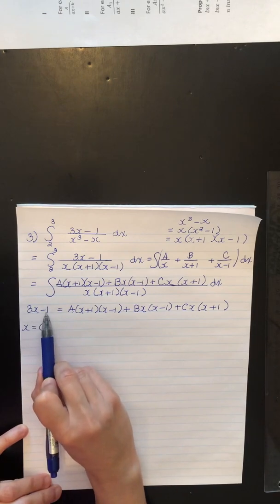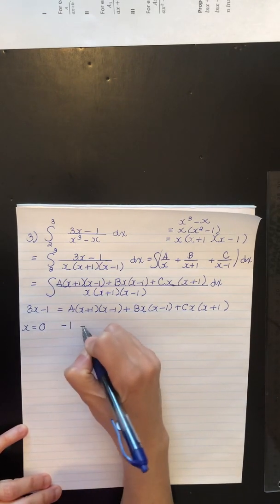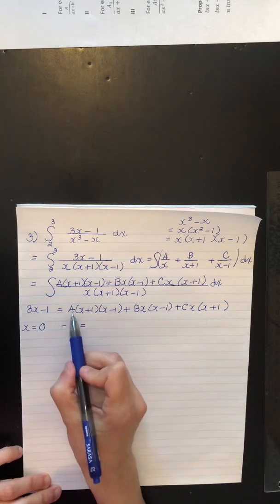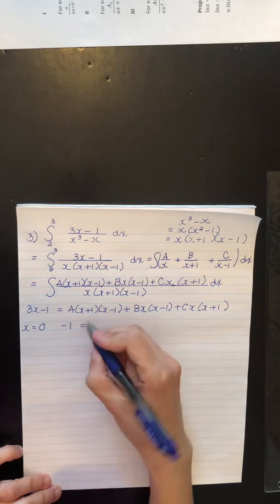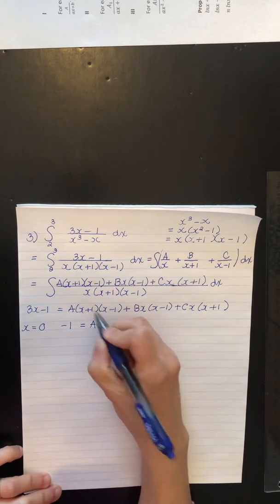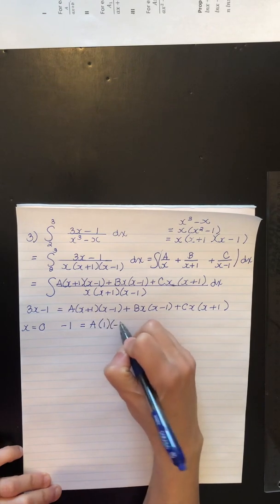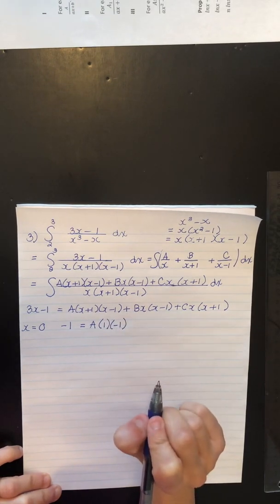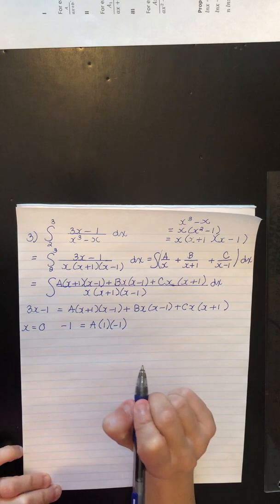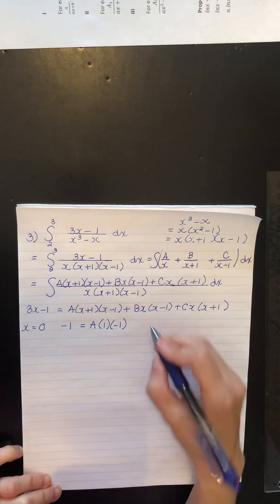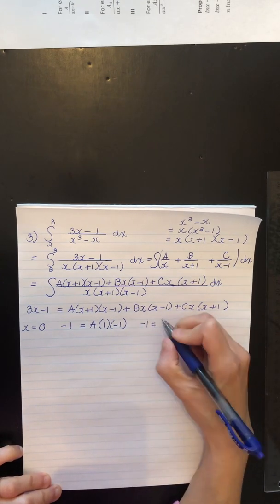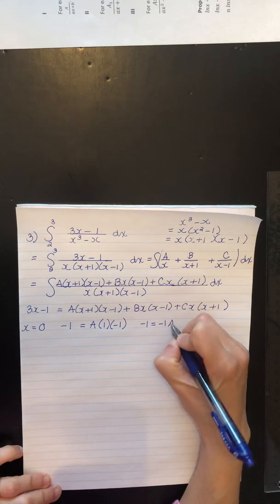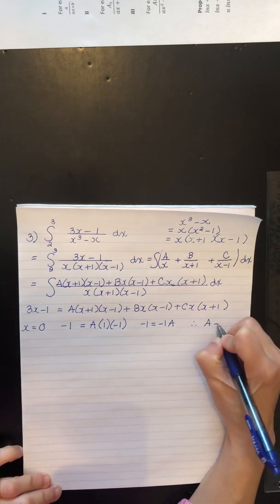Substituting 0 on the left gives us negative 1. The only non-zero term on the right will be here. It will be a times 1 times negative 1. From here, we can see negative 1 is equal to negative 1a, and that means a is 1.